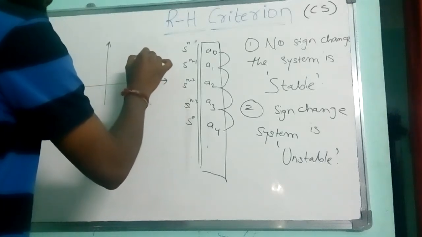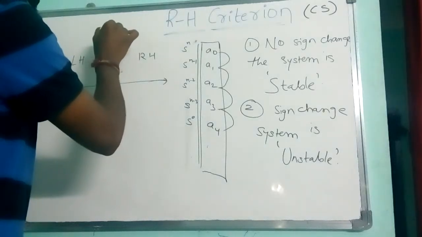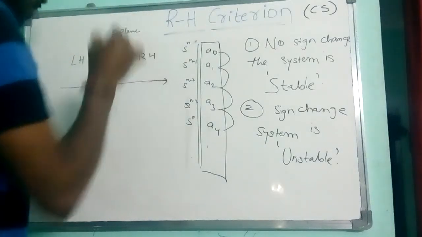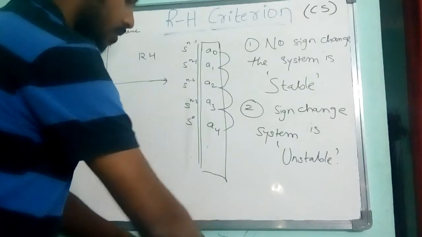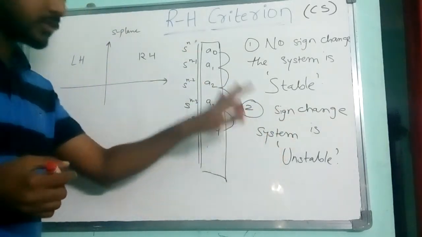Now in the S plane, this is the right hand side of the S plane. This is the left hand side of the S plane. Now suppose there is a sign change in the system.